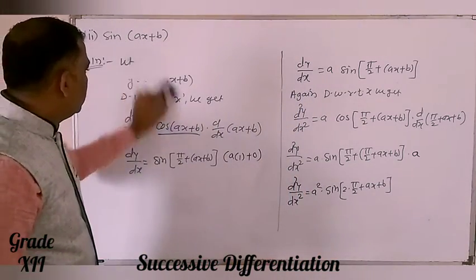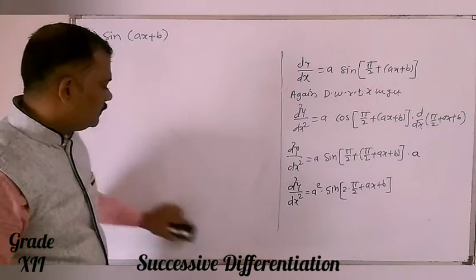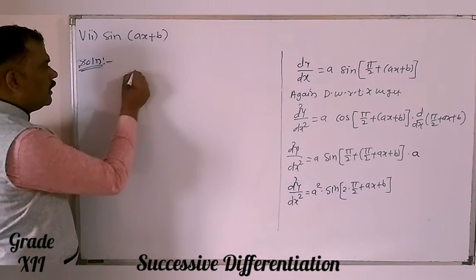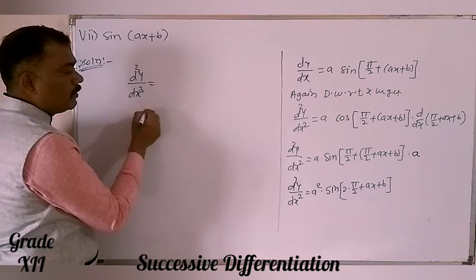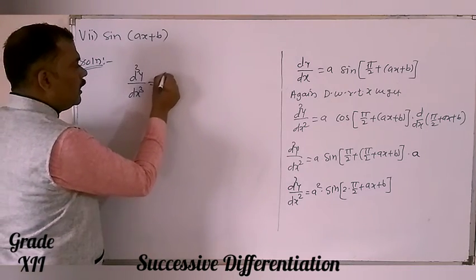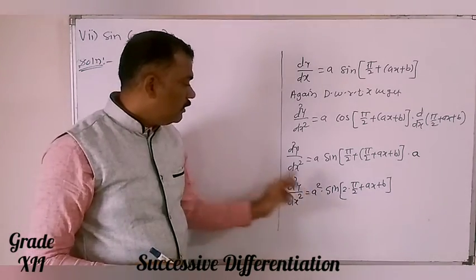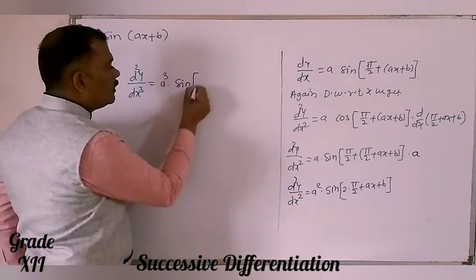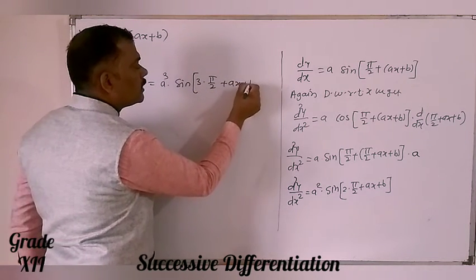Therefore we can write the third order derivative d3y by dx raised to 3 is equal to a raised to 3. In the second order derivative the power of a is 2, and for the third order derivative we take the power as 3, into sin of 3 times pi by 2 plus ax plus b.